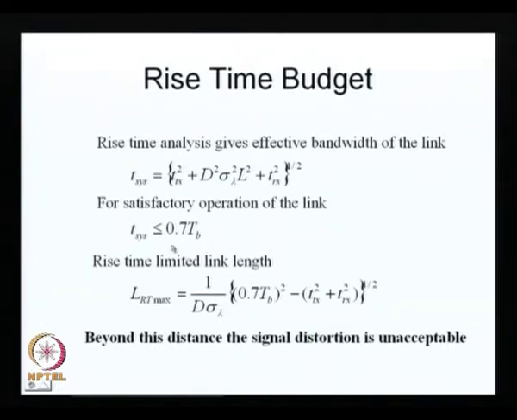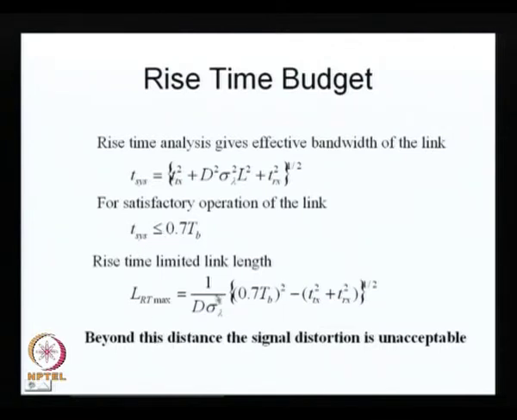So, depending upon what kind of format we are using for the bit transmission, the requirement on T system will change. For non-return to 0, T system has to be 0.7 of TB. If it is return to 0 data, then T system will be less than 0.35 of TB.